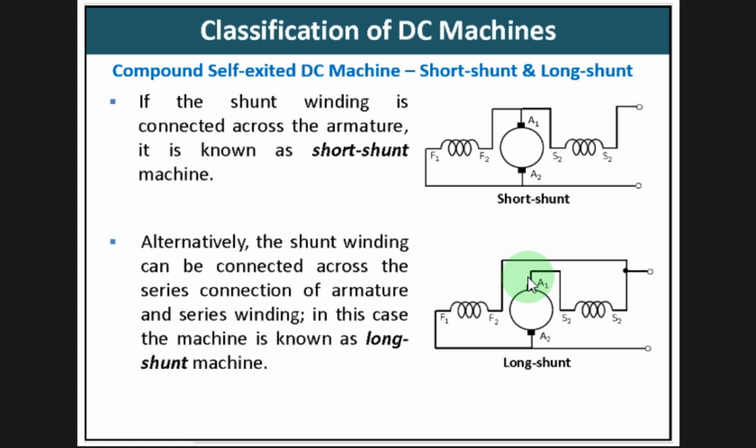I mean, the shunt coil can be connected into the machine in two different ways. One is called short shunt, where the shunt field coil is parallel only with the armature, and the long shunt, where the shunt coil is parallel to both the series coil and the armature coil. Then it is called the long shunt.